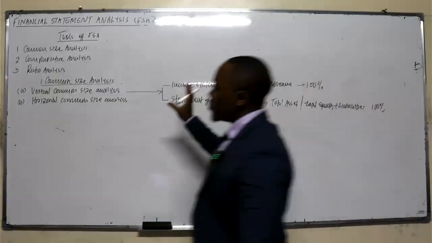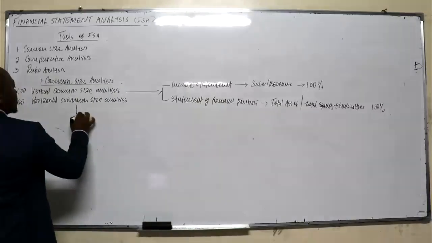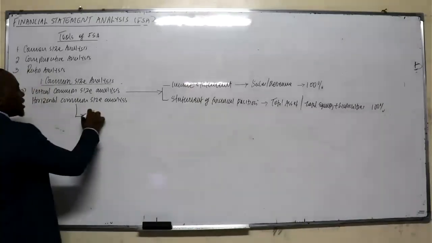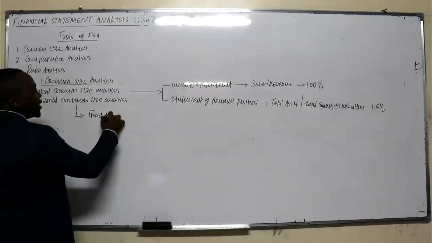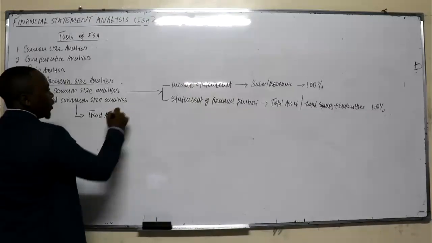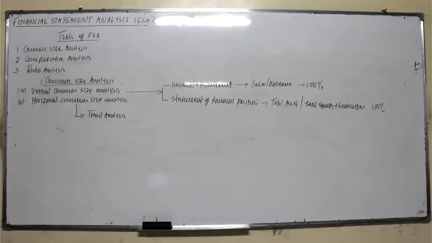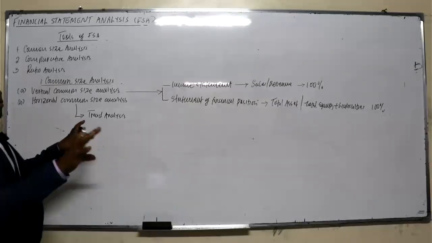What about the horizontal? Horizontal is also known as the trend analysis, whereby you are comparing the performance of the company over a given period of time. For example, you are comparing 2023 and 2024. That's what we call horizontal analysis.